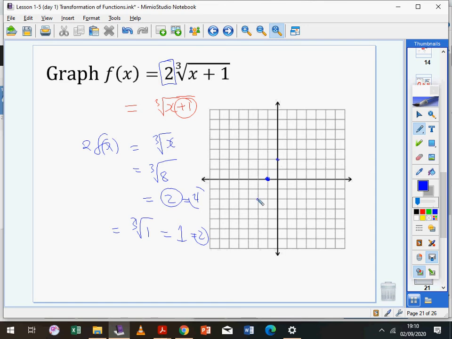And then when x is 8, the y value is going to be 4. So the next point is going to be over there. You don't have to show these points, I'm just doing it for the sake of it. What you guys are doing is simply drawing the sketch of the function. So this is what this sketch would look like. As long as your sketch has the x and y intercepts, you're fine.